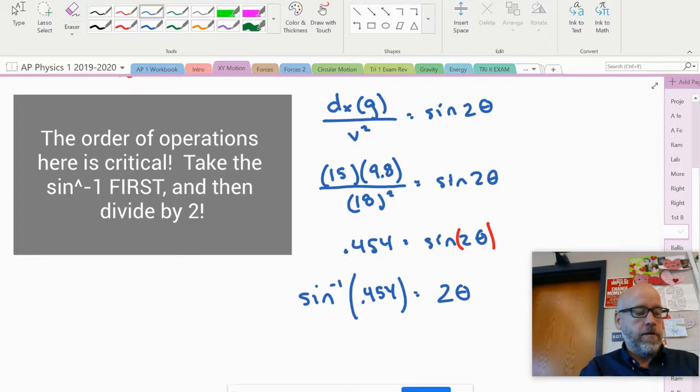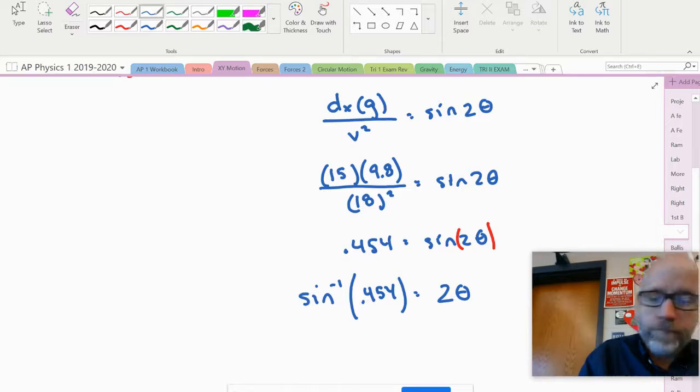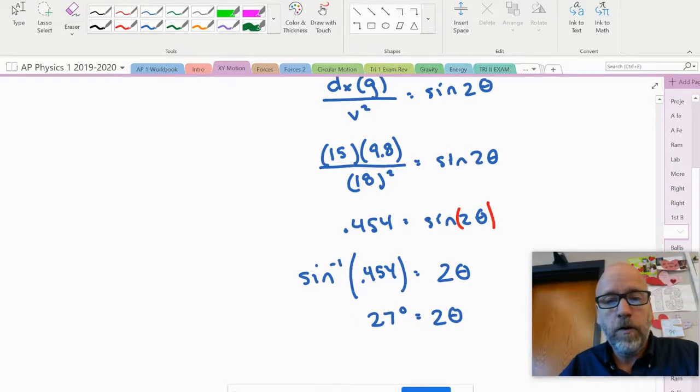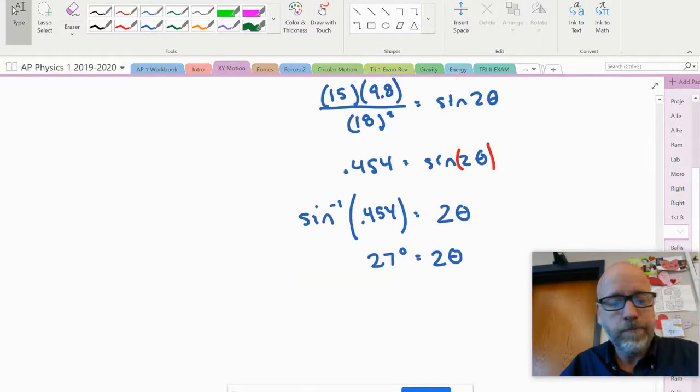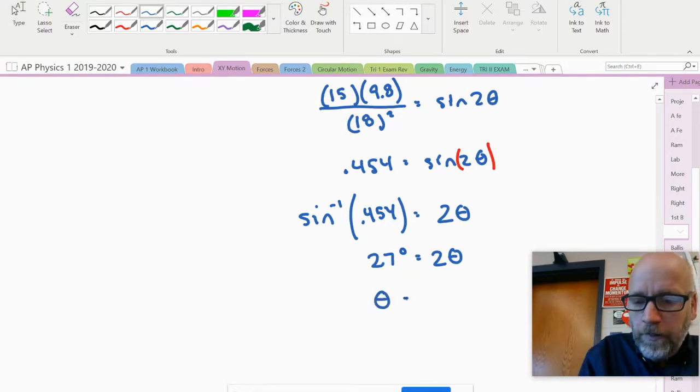Inverse sine, answer, second function answer. I'm going to round to 27 degrees equals 2 theta. And it's only now that I can divide by 2. Oh, this is embarrassing that I've reached for my calculator. Of course, that theta would be 13.5 degrees.